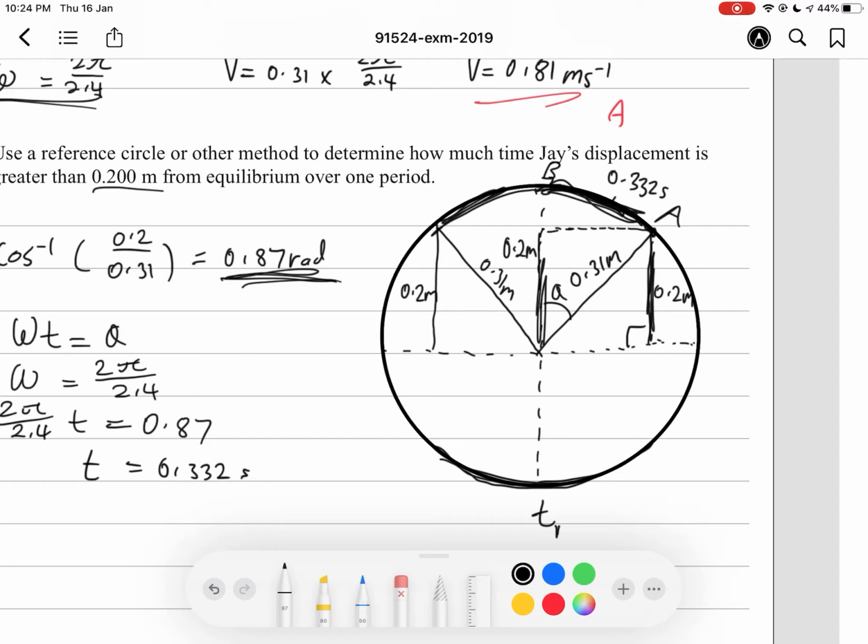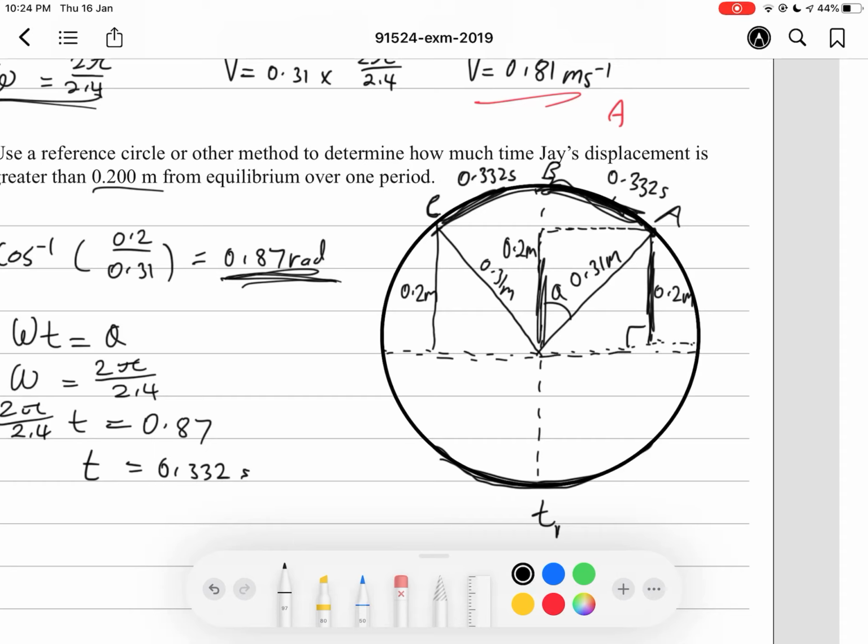Because the circle is symmetrical, say this point is point C, from point B to point C it's also going to take 0.332 seconds. And from point A to point C, the displacement is always going to be 0.2 meters above the equilibrium.